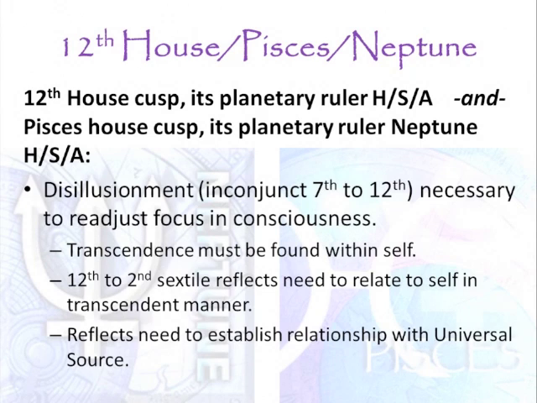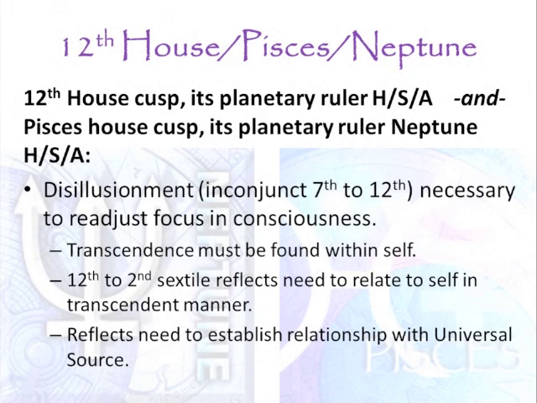And here in the yod configuration is where we're going to look at the 12th to the 2nd. That is a sextile, which is a more harmonious aspect. It's going to reflect the need to relate back to ourself in a transcendent manner.